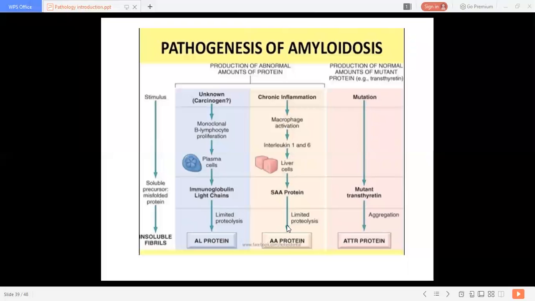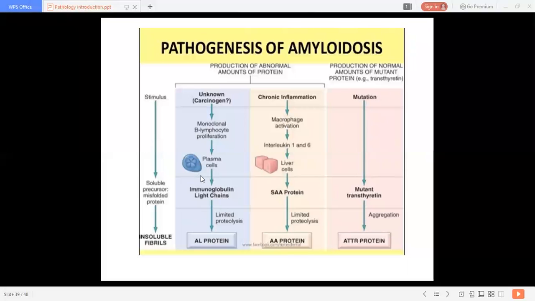And the last step is insoluble precursor proteins get formed, that is either AL amyloid or AA amyloid. So you always do this pathogenesis according to the steps of pathogenesis given to you.